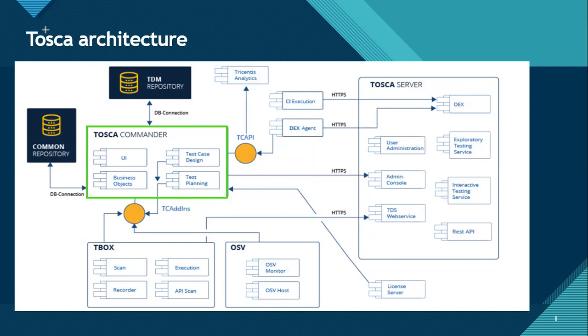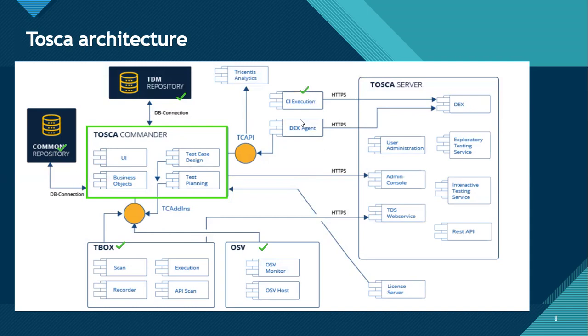So this Tosca Commander is connected with the common repository like databases, and it handles data management like data-driven and keyword-driven frameworks. This Tosca Commander works in the backend with an engine, that is the TBox engine. This service virtualization is for API testing. So yes, we have some integration, continuous integration activities are also possible.